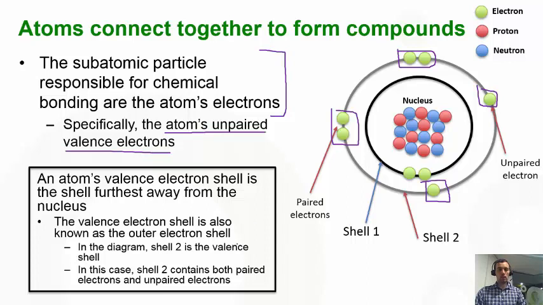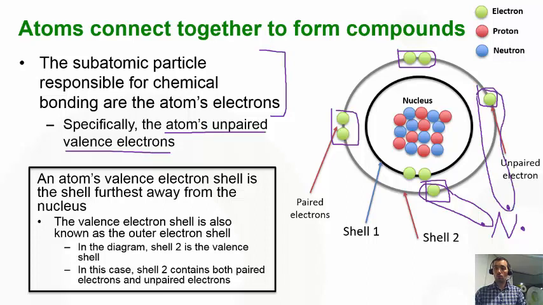As it says in the description here, shell 2 is the valence electron shell because it's the one furthest away from the nucleus. If another atom came in, for example a nitrogen that had some unpaired valence electrons, as I'm representing here as a dot, we could have some sharing between our atom and nitrogen, and that would allow the valence electron shell of the atom to be filled.